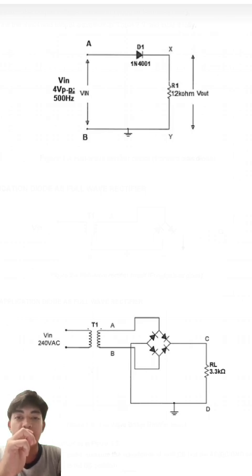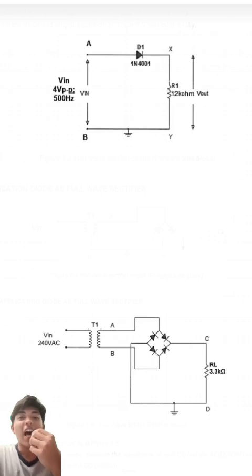In a half-wave rectifier, we only get output for one half of the input signal, making the waveform less efficient with more ripple. In contrast, a full-wave rectifier provides output for both halves, leading to a higher average output voltage and a smoother waveform. This makes full-wave rectifiers more efficient and better for power supply circuits.